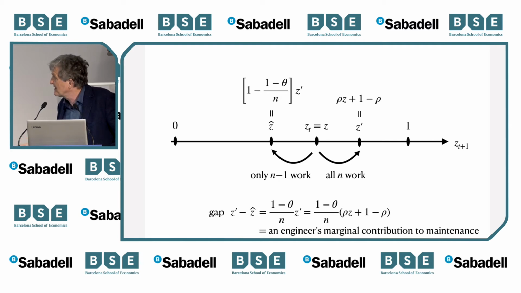So just looking at the algebra, forgive me, it's not a good lecturing technique to ask you to go through algebra. I will do a little bit of algebra. So just going through the algebra, Z prime minus Z hat will be the 1 minus theta over N times Z prime. But then substituting the Z prime by this AR1, we get the formula for the gap, which is my marginal productivity.